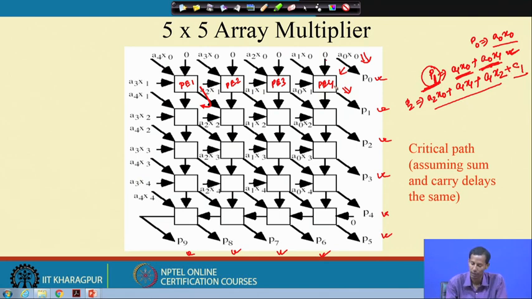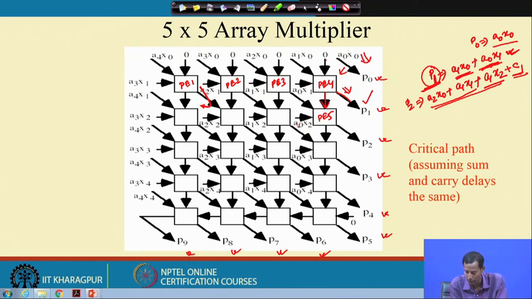That is why you see the sum bit is P1, but the carry bit is coming to the next, considering this A2 x0 and A1 x1. This will produce the carry over here and the sum will come to this P5.